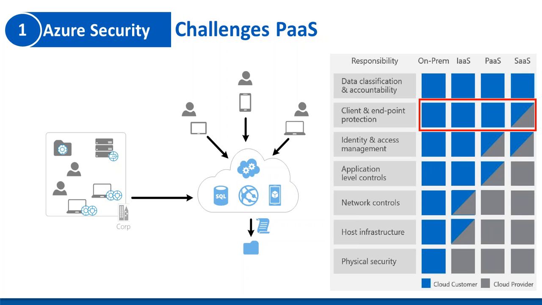So think about that. Another thing that a lot of people take for granted is identity and access management. And this is because in a PaaS scenario, this is a partial responsibility of the cloud provider. Now, you need to look at the Microsoft Service Agreement in detail to figure out why this is a semi-cloud provider, semi-customer responsibility.